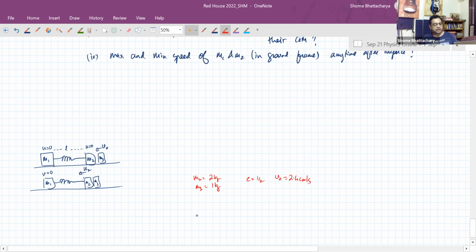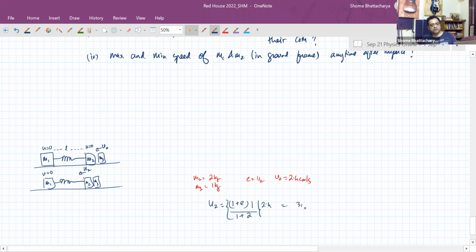So the velocity that this one will have, u2, will be (1 plus e) into 1 kg, divided by 1 plus 2, into 2.4.